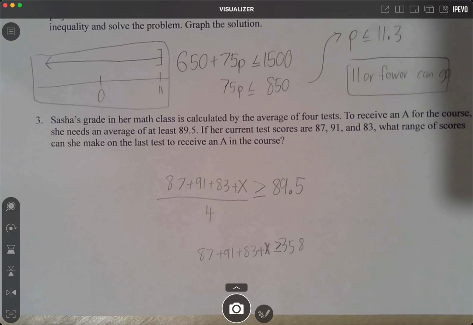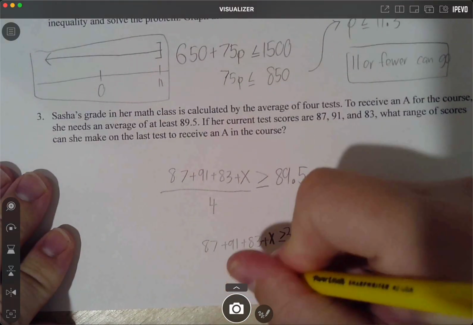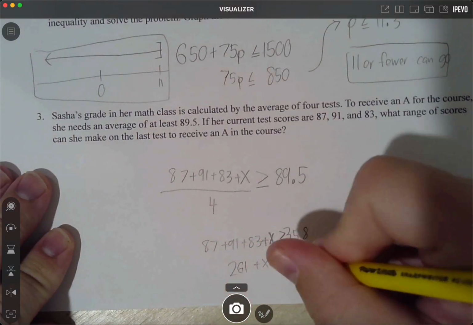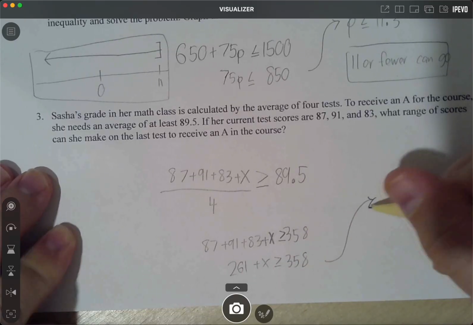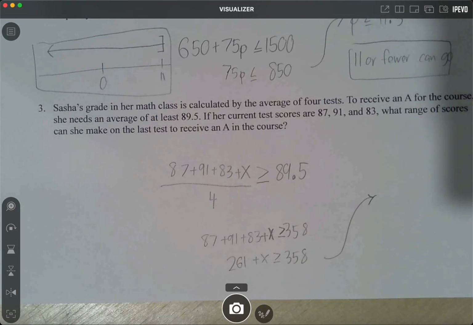So 87, 91, 83. I'm getting 261 there. And so my last step is just to subtract the 261.